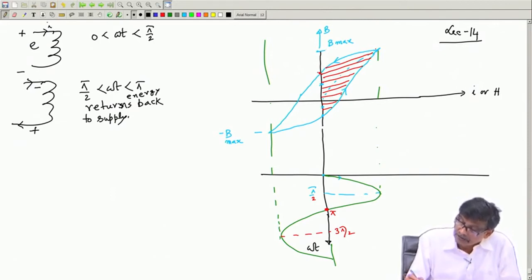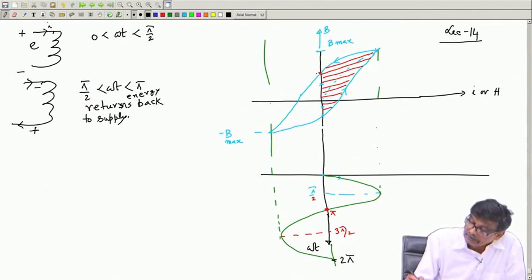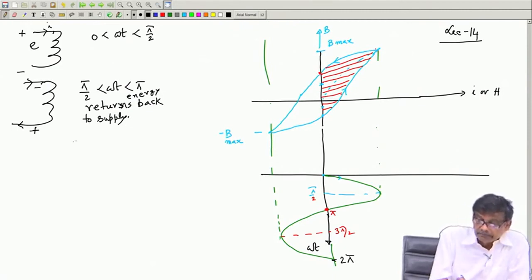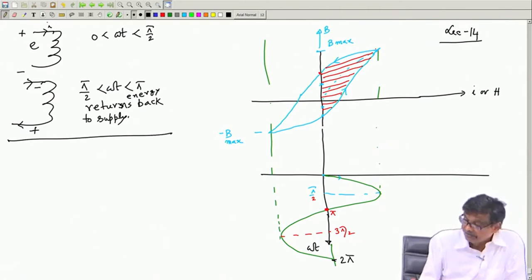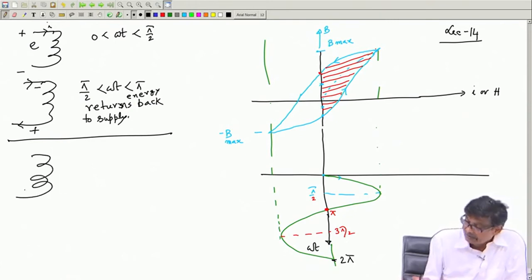Similarly, between pi and 2 pi, if you consider, it will absorb energy. Okay, let me draw this. So, this is the first positive current half cycle. Then the negative one will be between omega t equal to pi and 3 pi by 2.